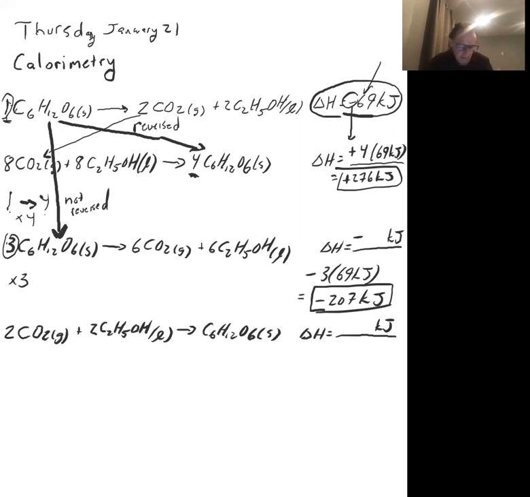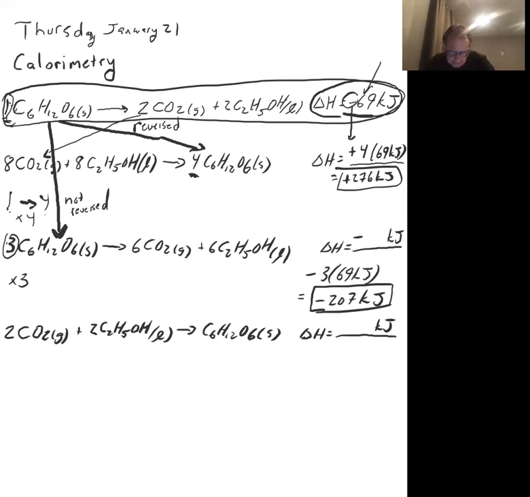Okay. All right, so in the one that they give us at the top, C6H12O6 is a reactant. In this one, it's a product. So that means they reversed it. And so again, if you reverse it, you got to change the sign. The original delta H was negative.